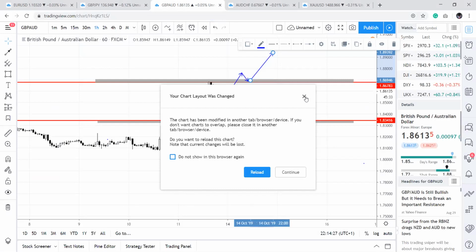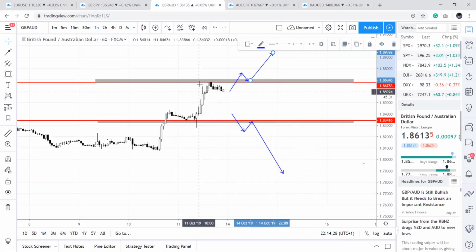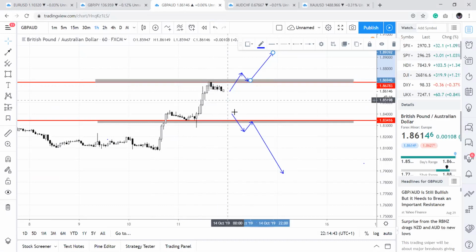GBP AUD, okay. We don't know yet. It looks as if it's going to come down to this point, but market is just opening, so don't be deceived. Whenever market is opening, it's not very settled. So I don't know if it will eventually come down or break and retest. All right, so let's still hold on for that, but it's looking as if it's going to come down.